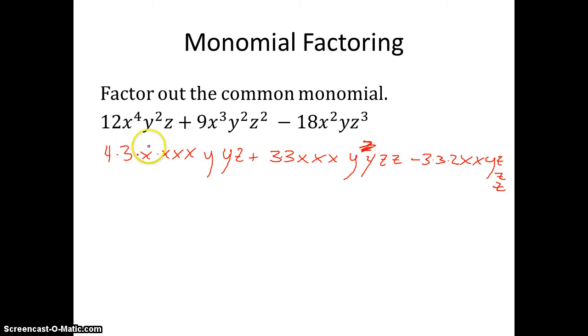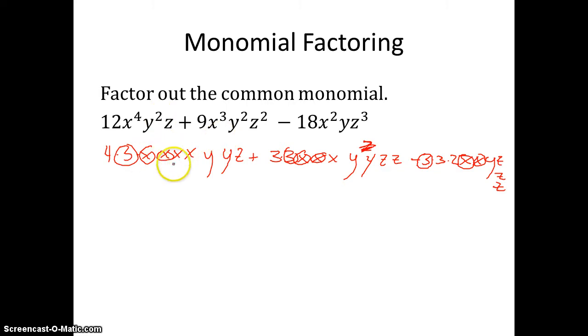All right, so then again, I circle everything they have in common. They all have a 3 in common. They all have 2 x's in common. Now, these have x's in common, but this only has 2 x's, so I can only circle what they all have in common, not just one of what they have in common or just all x's.